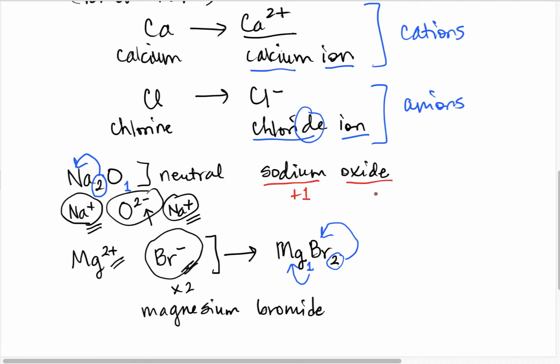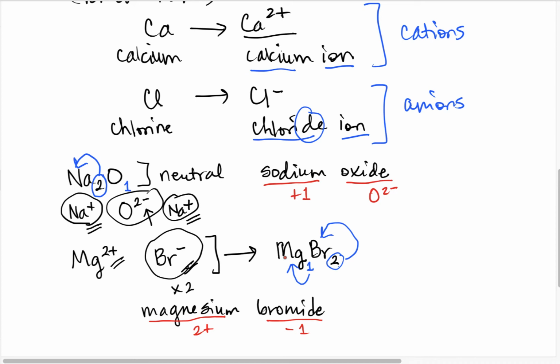And oxide always has the same charge, 2-. Same is true here. Magnesium is always +2. Bromide is always -1. So anytime I have magnesium bromide, there's no ambiguity about it. I'm always going to need 2 bromides to cancel out the +2 in the charges.